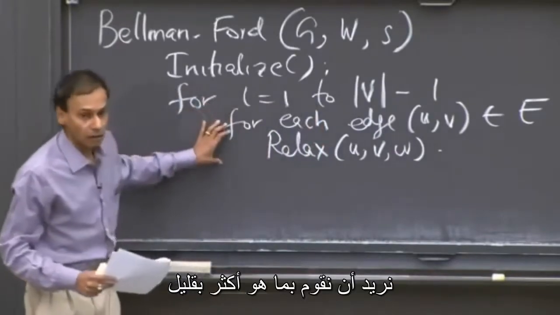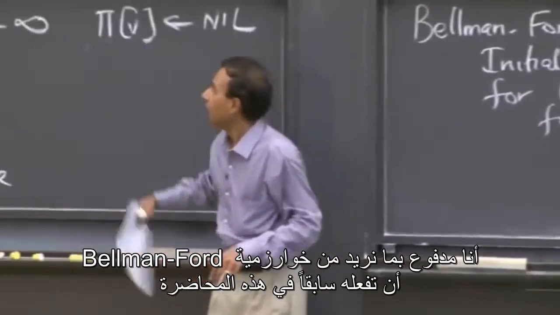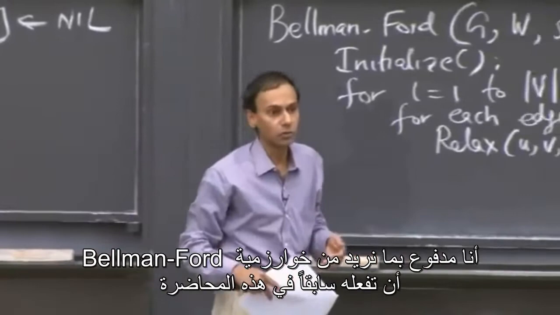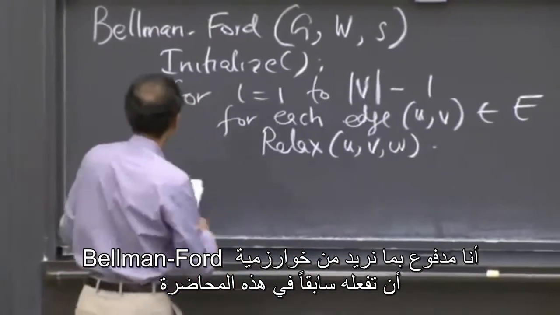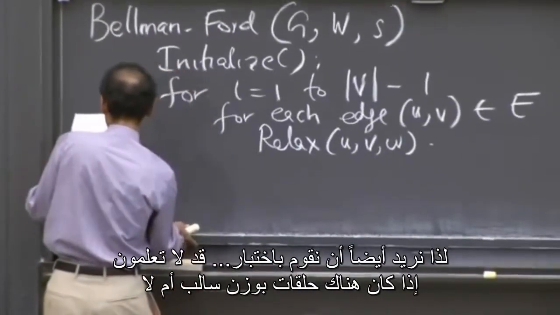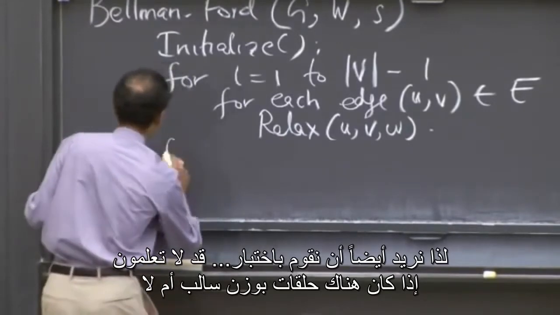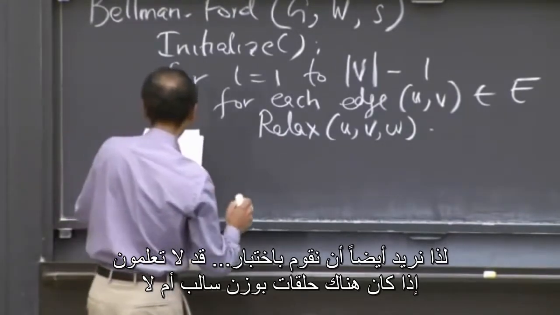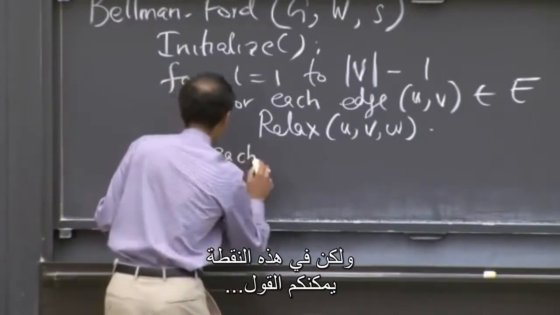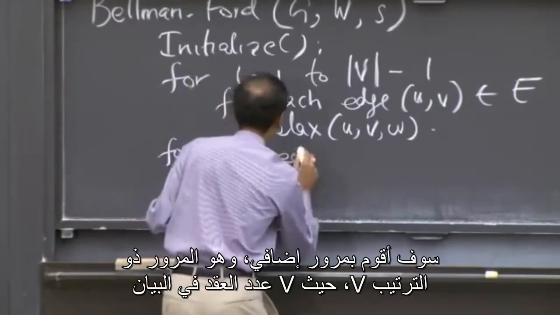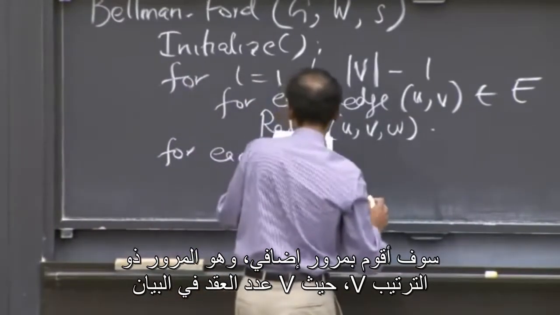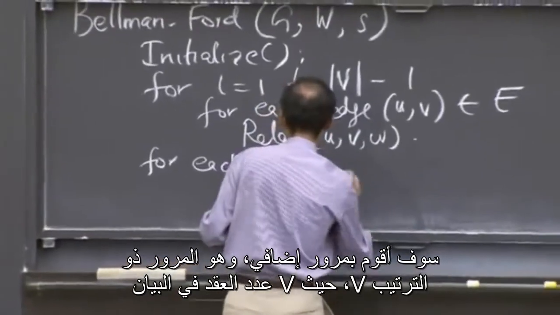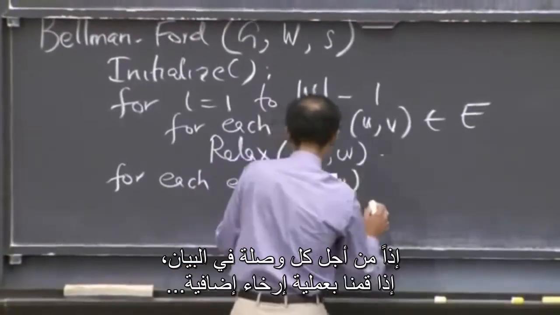You want to do a little bit more, right? I motivated what we want Bellman Ford to do earlier in the lecture. And so you can also do a check. You may not know if there are negative weight cycles or not. But at this point, you can say, I'm going to do one more pass, the Vth pass, where V is the number of vertices, over the graph.